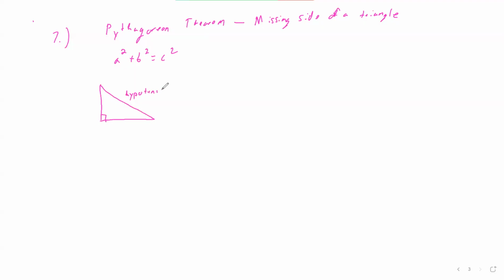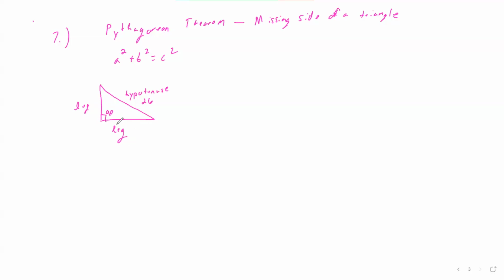This makes it a right triangle because there's a square box to indicate 90 degrees. It says that the hypotenuse is 26 feet long. So we have 26 feet. And one leg is 24. These are called your legs.